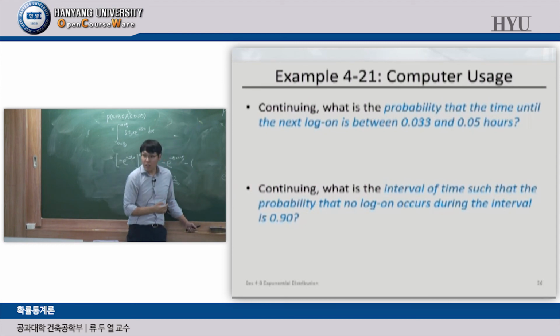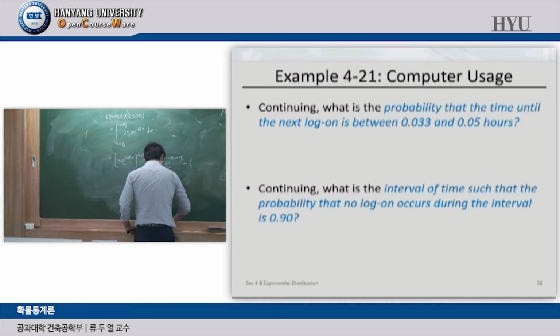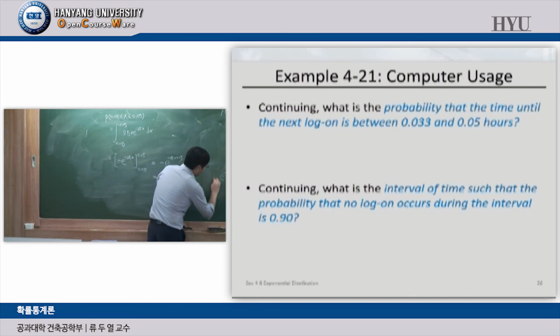If we take the ln of both sides, what is this? Minus 25x, and this will be ln 0.9, okay?